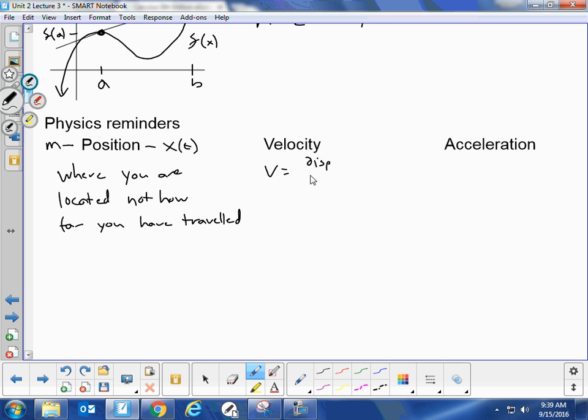Displacement can be positive or negative. Velocity can be positive or negative. If your velocity is positive, we say we're moving to the right. If our velocity is negative, we'll say we're moving to the left. We typically use v of t to denote velocity.